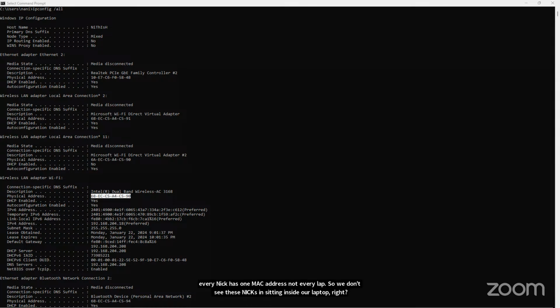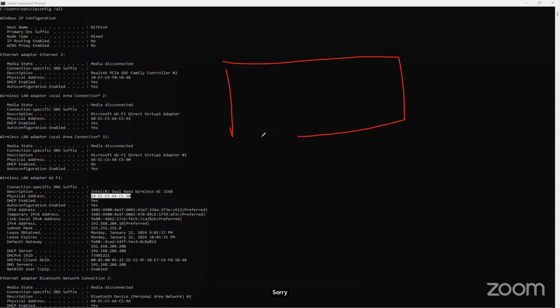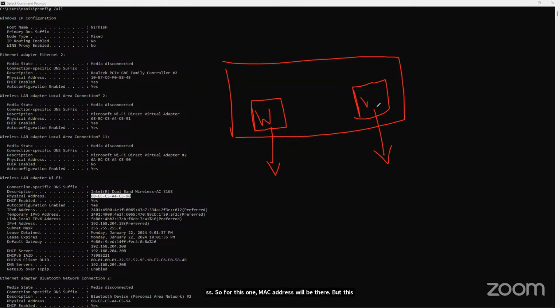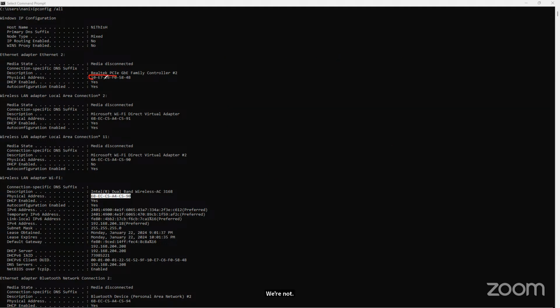My laptop has two NICs. I told you, one is wired and one is wireless. For the wired one there is one MAC address, and for the wireless one there is another MAC address. Can I see it in the first Ethernet? Yes, that ends in 5848.